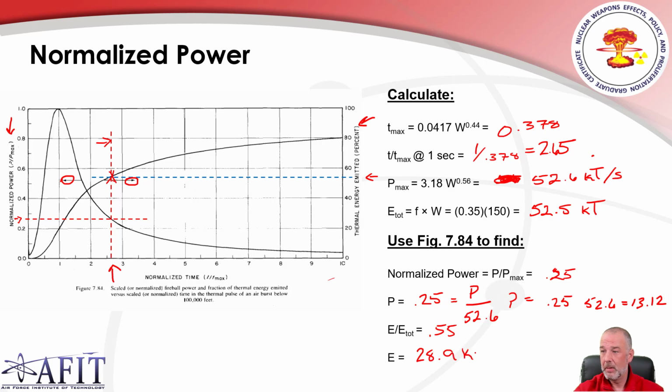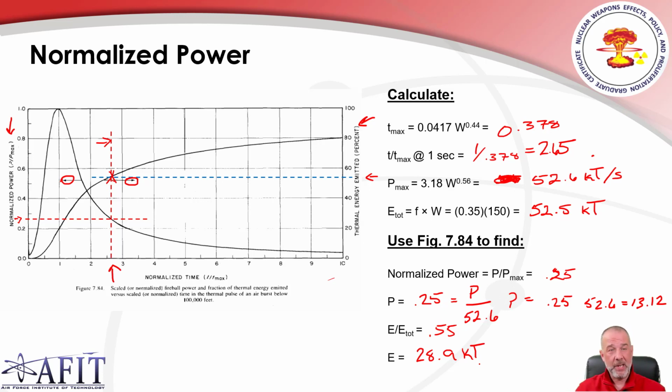Okay, there's the math. Now, you're probably asking yourself, what does any of this matter? Well, what we need to know sometimes, especially when we're looking at how things are going to be affected by these thermal effects, is, well, what time are we looking at? So we want to know what's the thermal energy, thermal power being output 1 second after the detonation, in terms of kilotons per second.